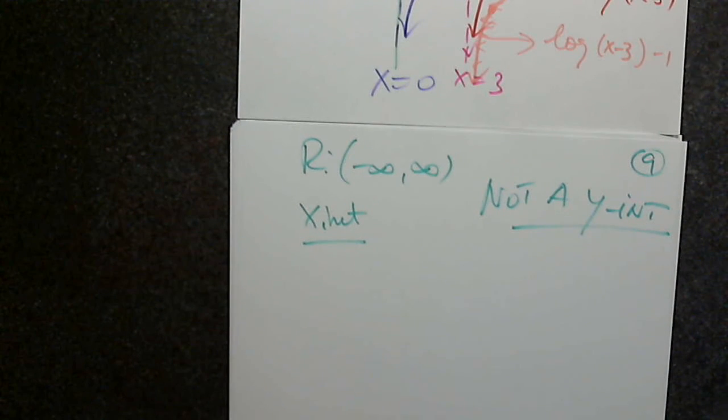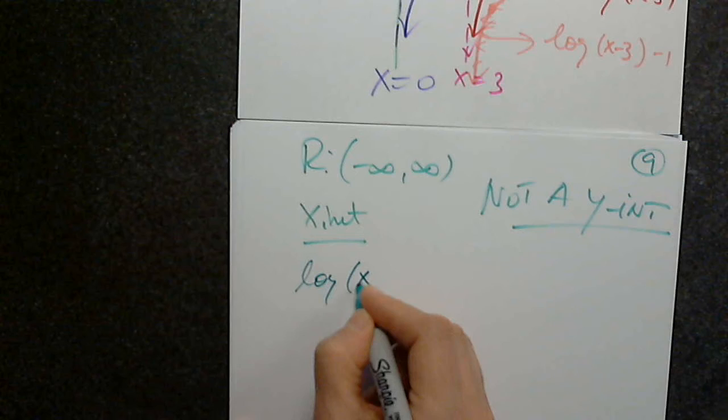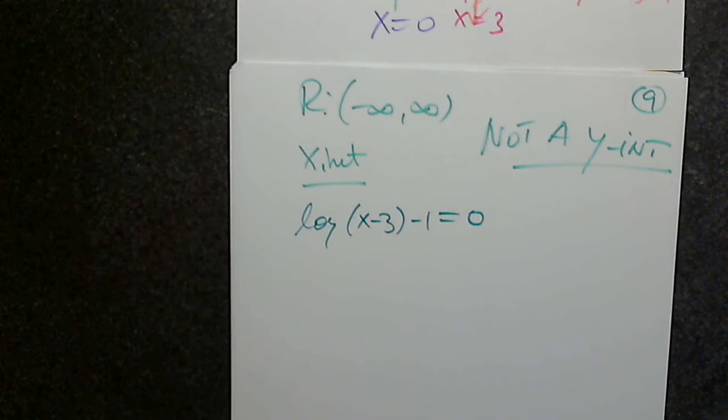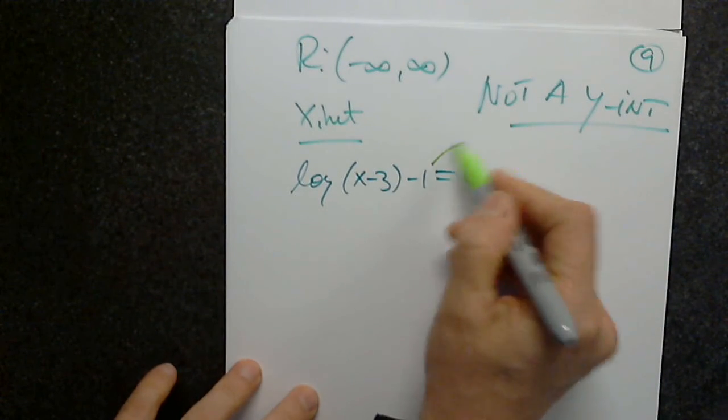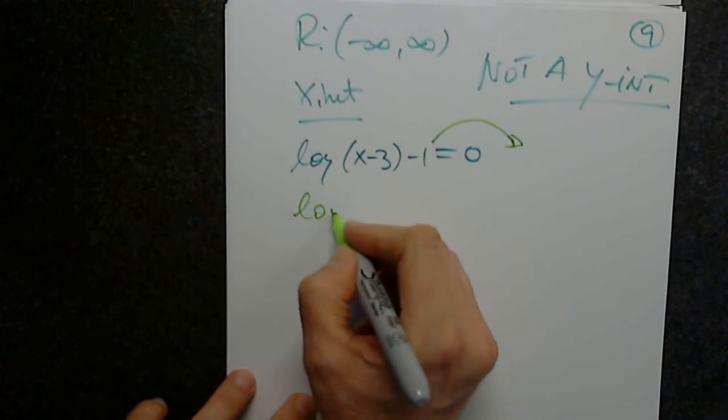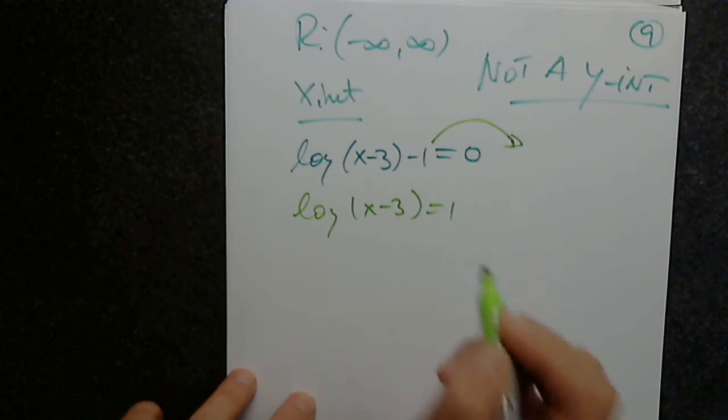Exactly. So then I have log of (x minus 3) minus 1 equals 0. How do I solve this equation, and what type of equation is it? Of course, it has log in it. It must be a log equation. What do I have to do first? I have to move 1 first. Clean it up: log of (x minus 3) equals 1.